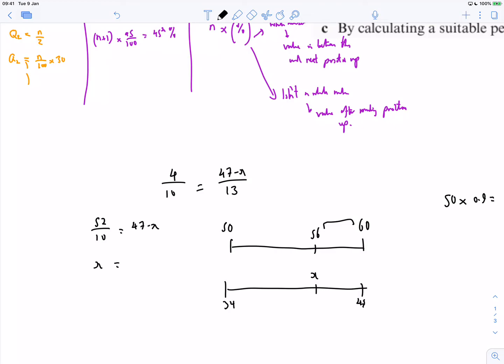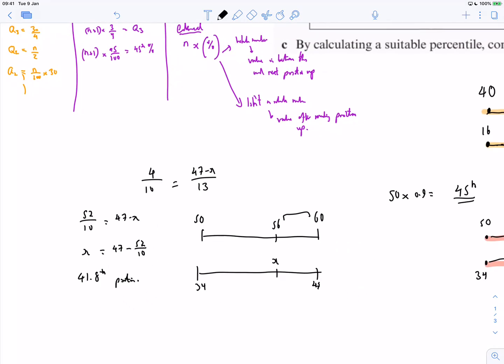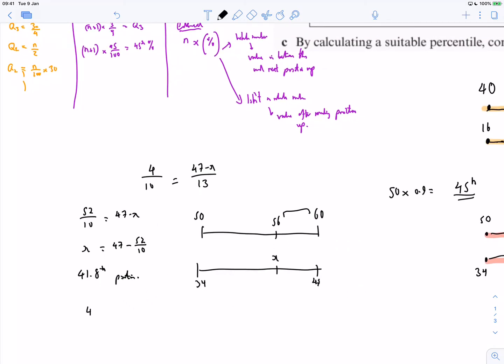Make x the subject. x is 47 minus 52 over 10. So actually, it's the 41.8th position. And 41.8th position for 49 people. Well, you've got to add 1, don't you?